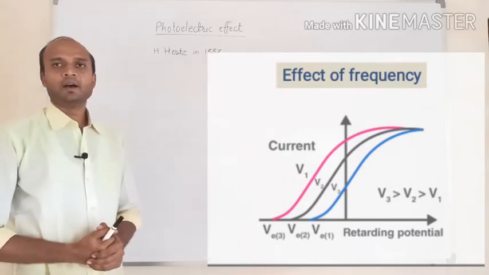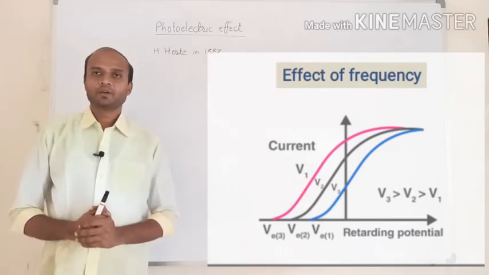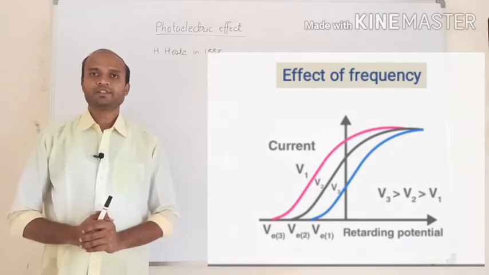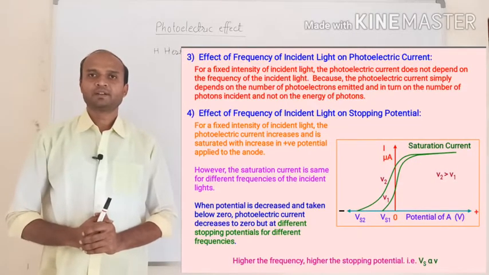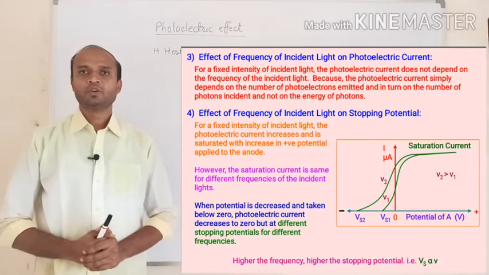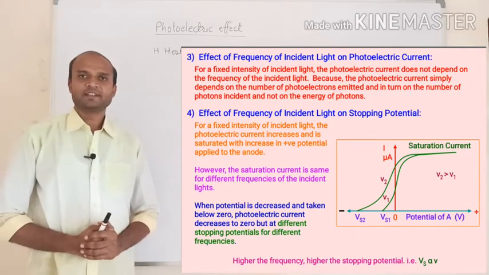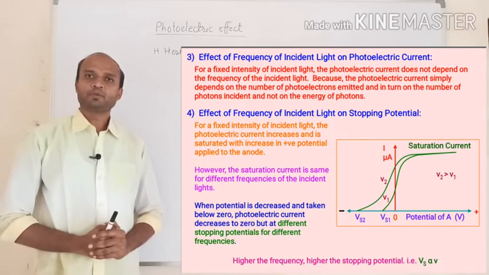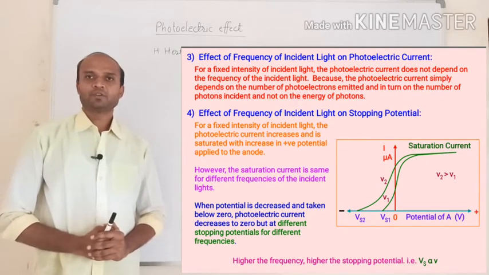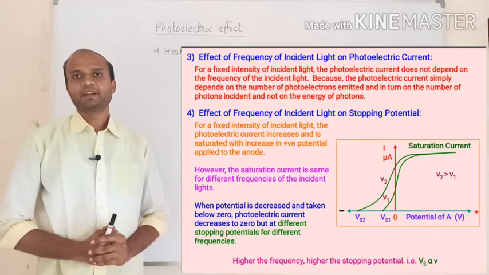It means the reverse voltage required to make the photocurrent 0 also increases as the frequency increases. So the stopping potential depends on the frequency of the radiation.